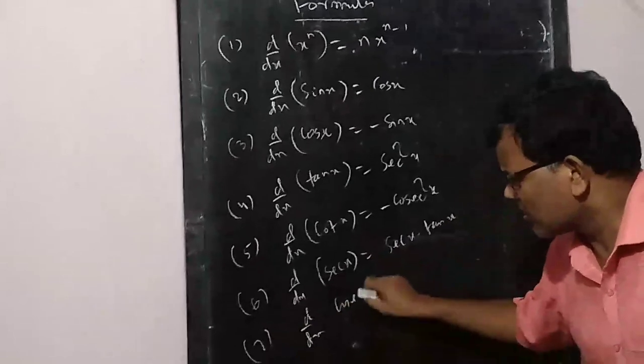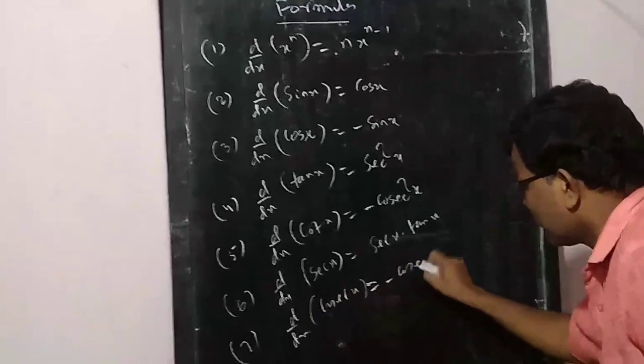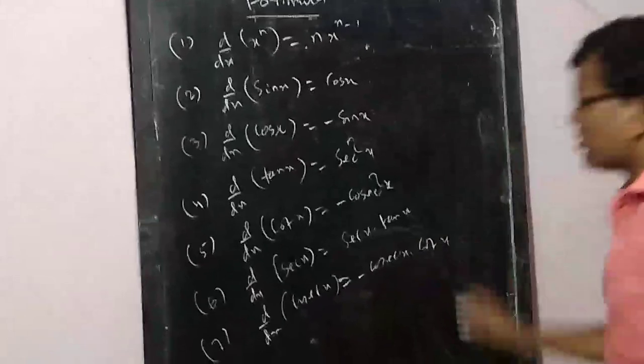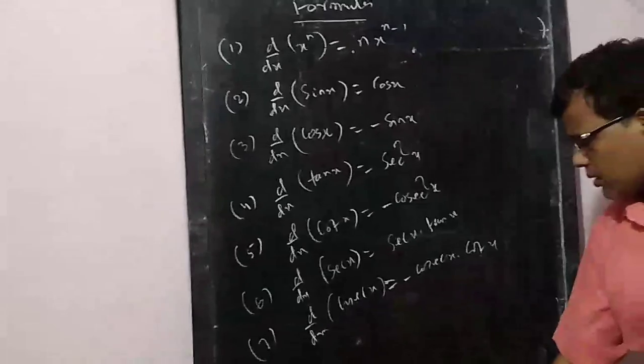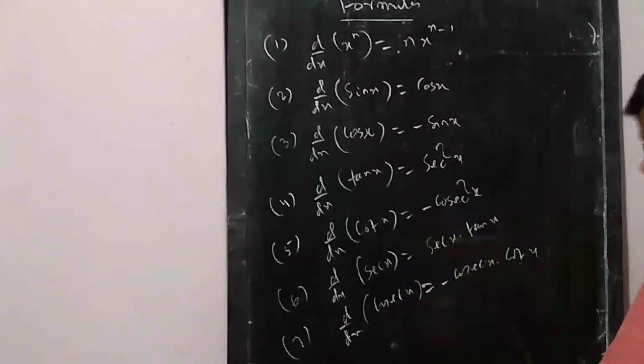Next, cosec x will be minus cosec x into cot x. This is about algebraic functions, and this is about trigonometric functions.